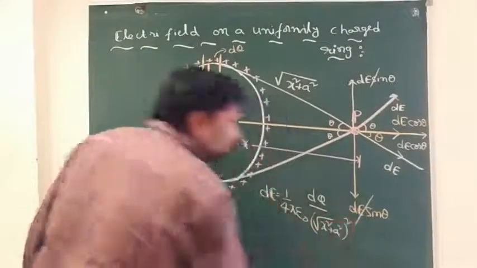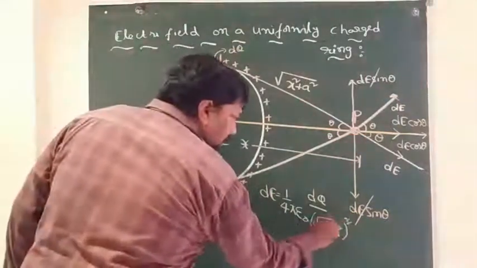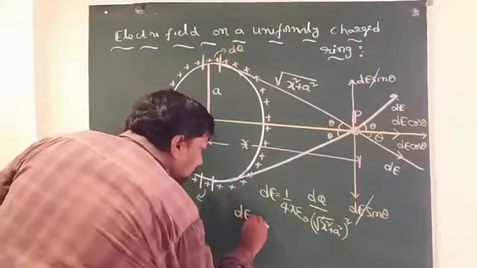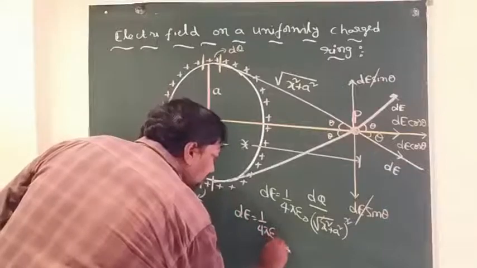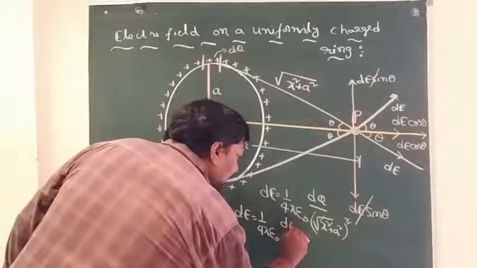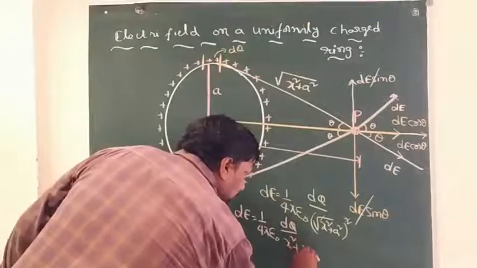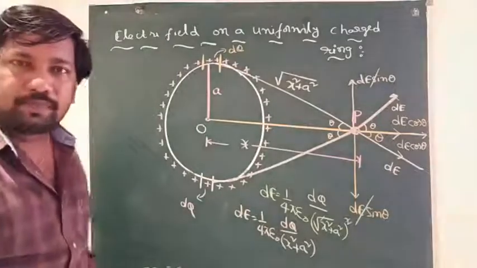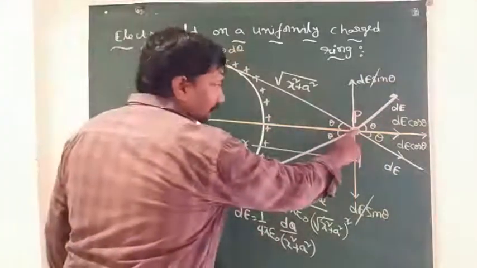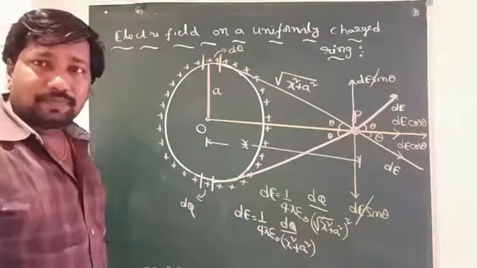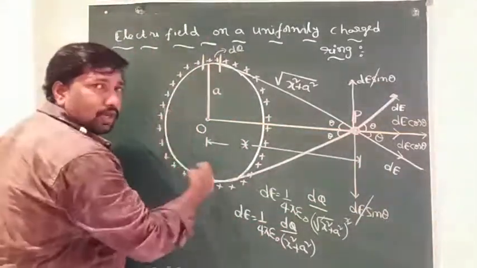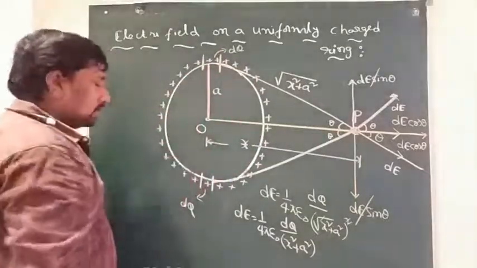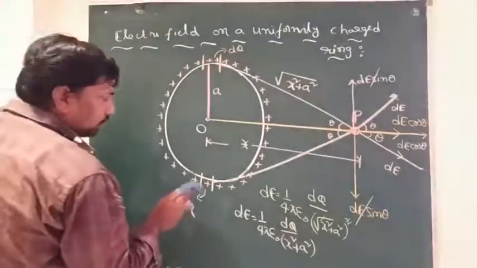So the square root is cancelled. Therefore dE equals 1 by 4 pi epsilon naught into dq by x square plus a square. Now we can find the net electric field at point P due to the total charge of the ring.